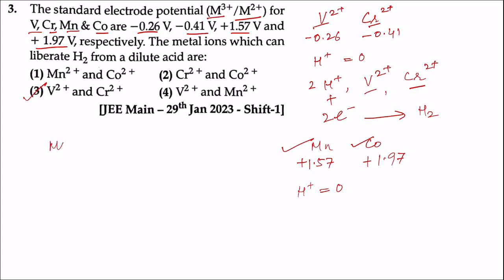Means if in the solution manganese ion, cobalt ion and H plus ion are present, then in the presence of electron, manganese and cobalt, having greater reduction potential values than hydrogen, will accept electron and change into neutral manganese and cobalt atoms, and hydrogen remains in the solution as H plus ion. So manganese and cobalt will not liberate hydrogen from dilute acid. Instead, they will accept electron and change into neutral atoms.